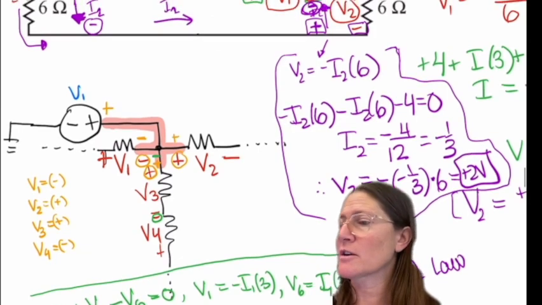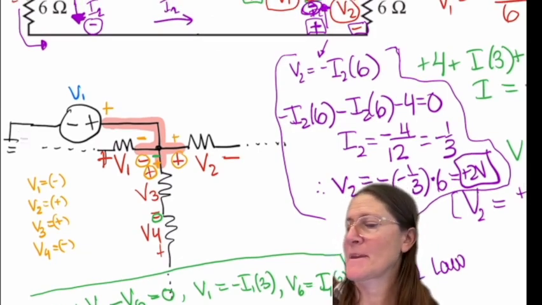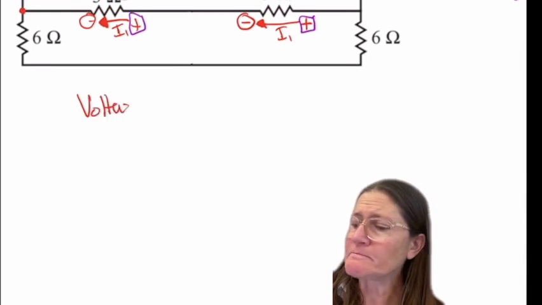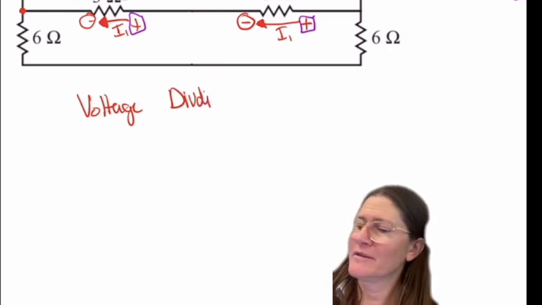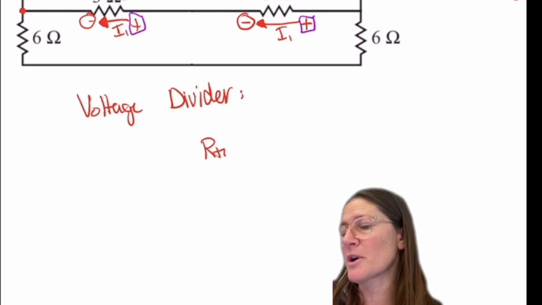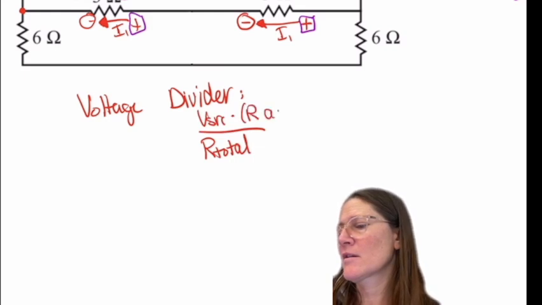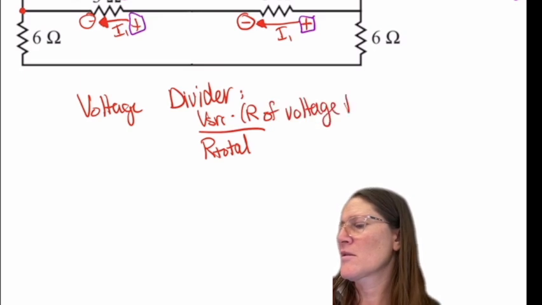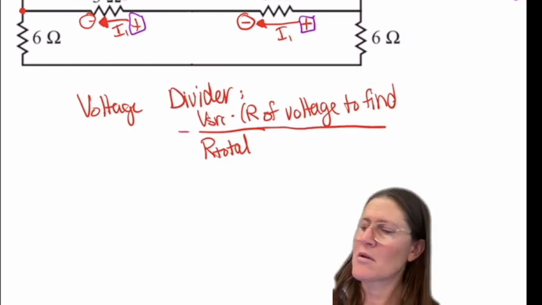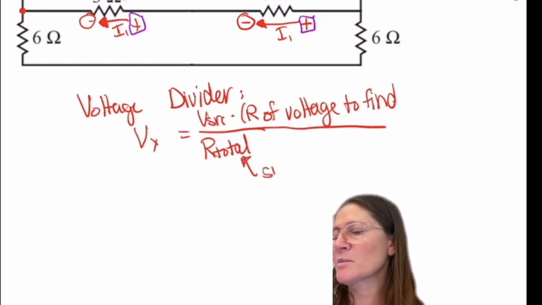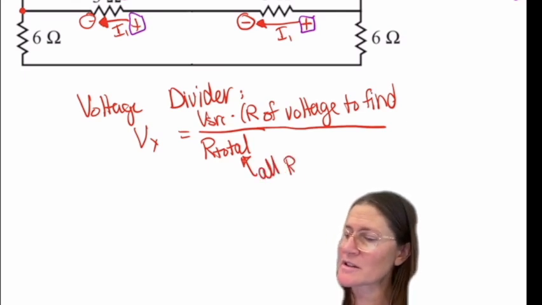So in the voltage divider, the R total on the bottom is a summation of all resistances in the branch.